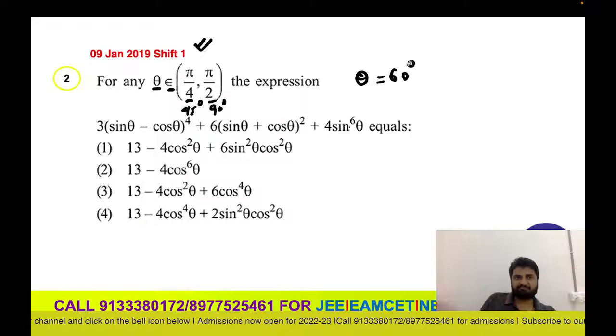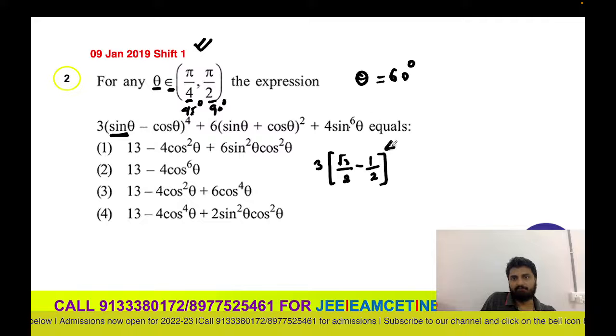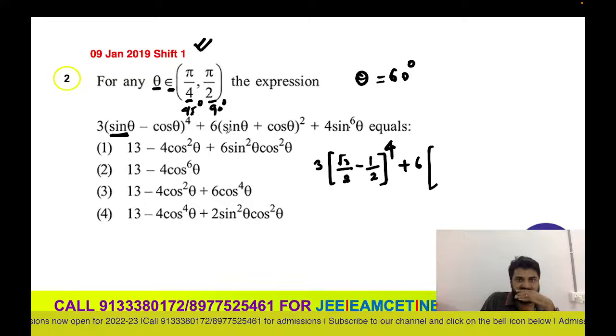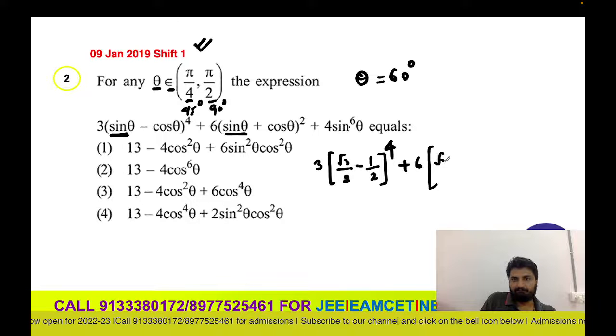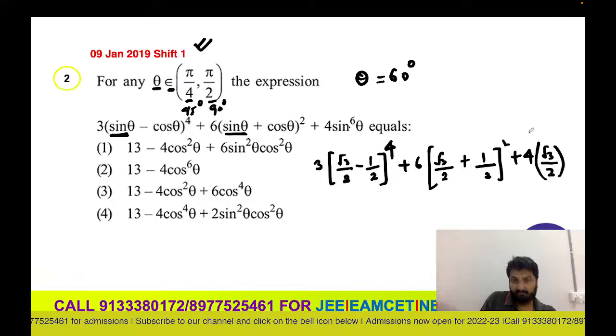So if you assume theta as 60, you can substitute in the question: 3 times (sin 60, which is root 3 by 2, minus cos 60, which is 1 by 2) whole power 4 plus 6 times (sin 60, again root 3 by 2, plus cos 60, which is 1 by 2) whole square plus 4 times (sin 60, which is root 3 by 2) whole square, whole power 6.